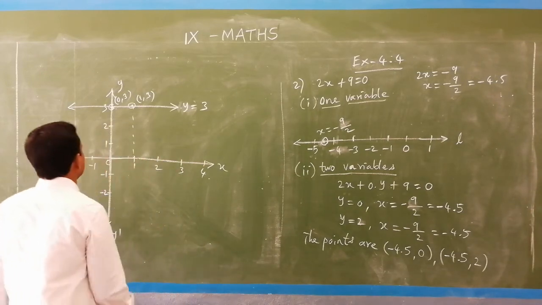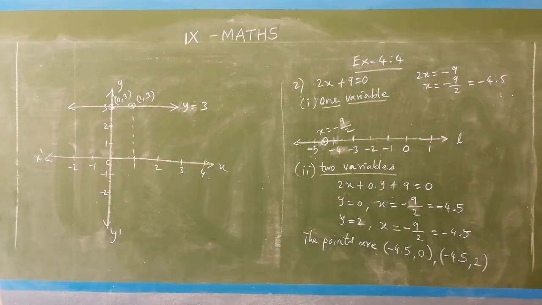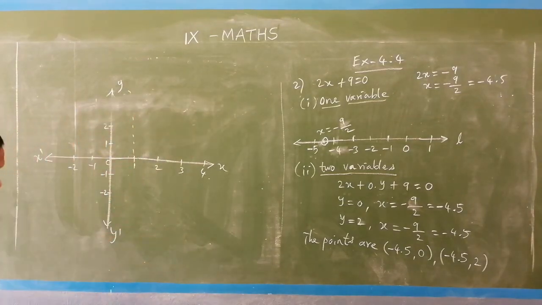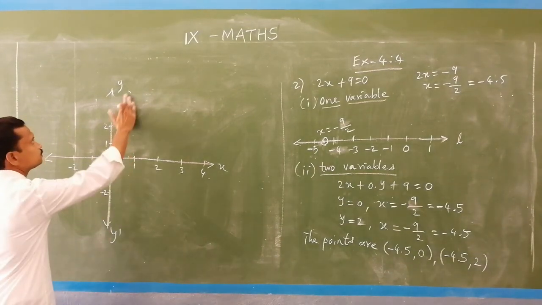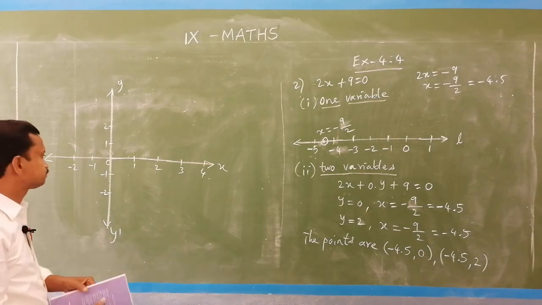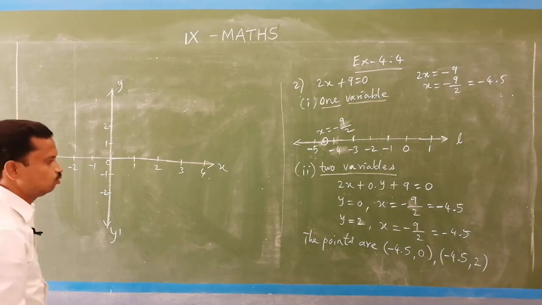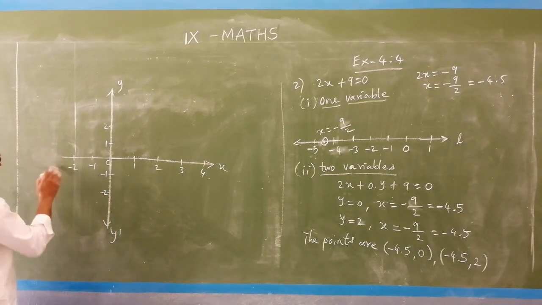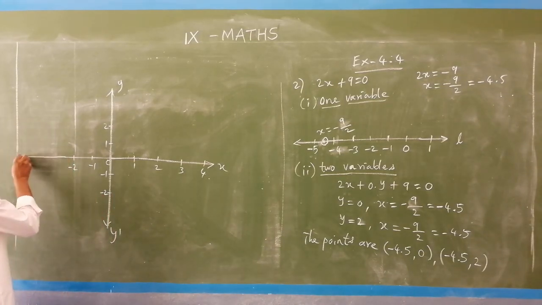Now you take the Cartesian plane to represent the given linear equation in two variables, and you can easily draw it. Minus 4.5 means you have to extend on the negative side.